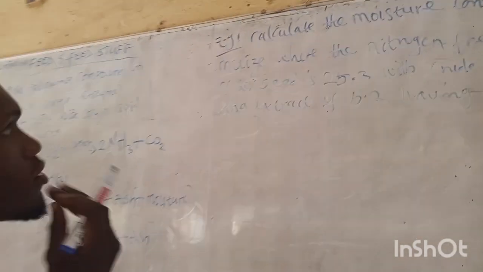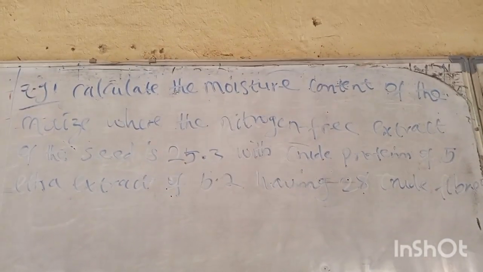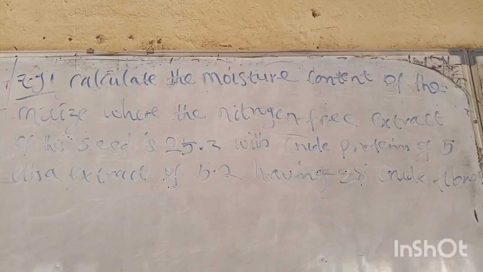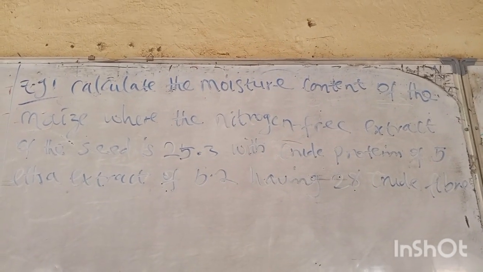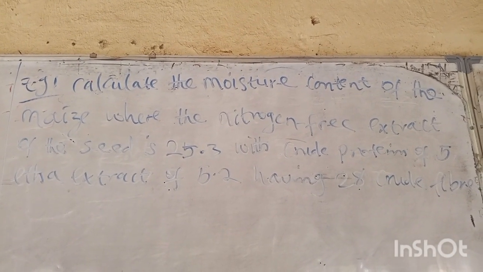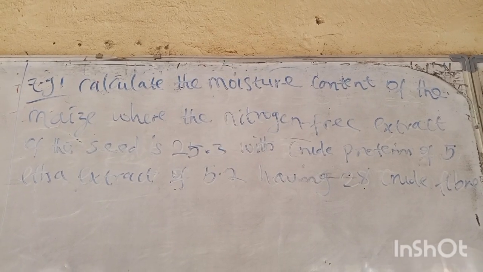All right. So the first calculation says calculate the moisture content of the maize where the nitrogen-free extract of the seed is 25.3 with crude protein of 5 and ether extract of 5.2, having 28 crude fiber.